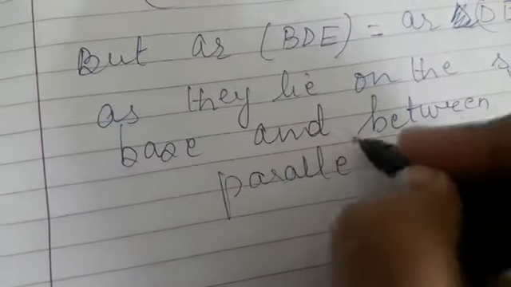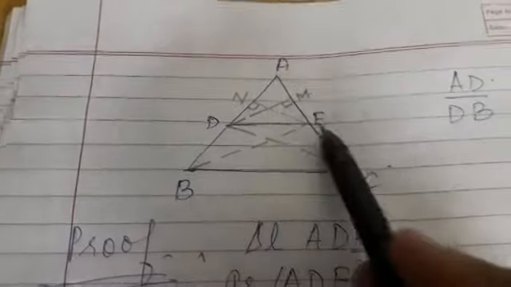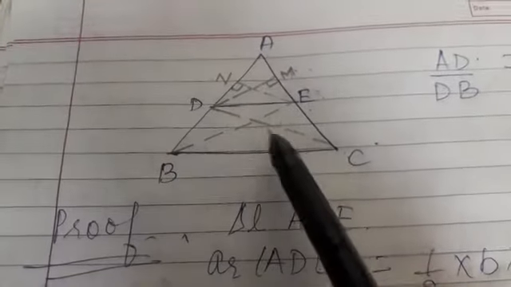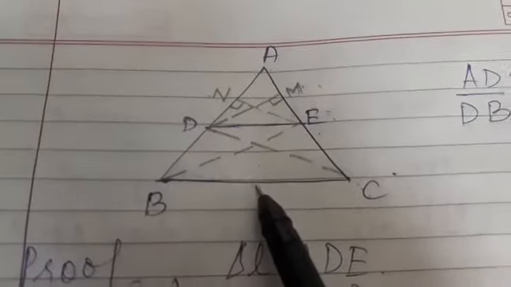Okay, now what does this mean? I hope you know the meaning of between this on the same base. So DE is the base and between the two parallels means DE and BC are parallel lines. So therefore these triangles, we can say they are lying on the same base and lying between the same parallels.